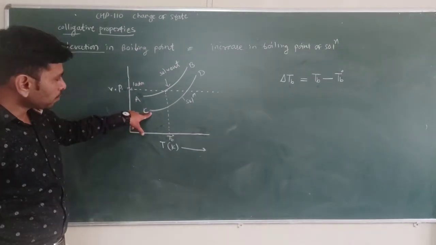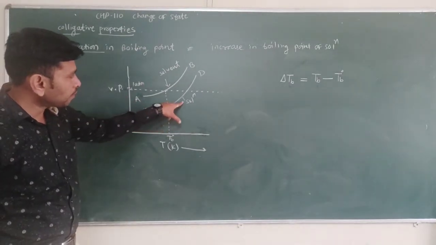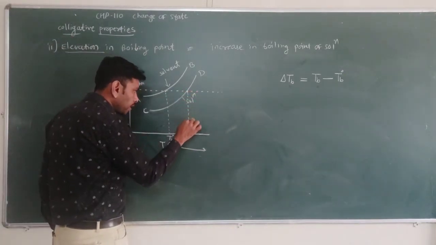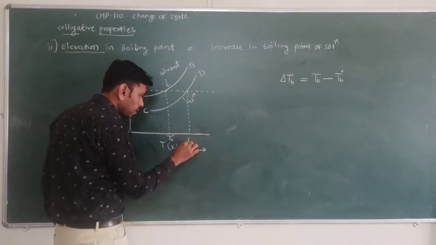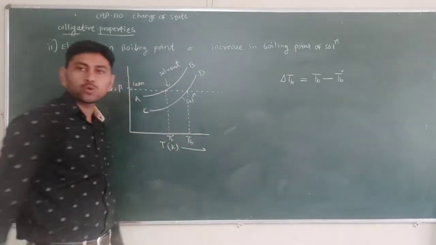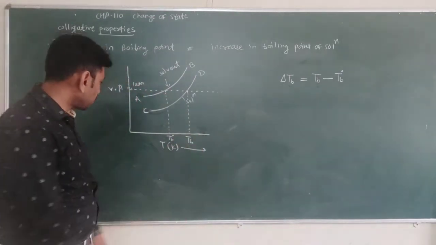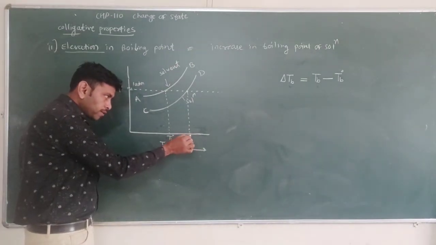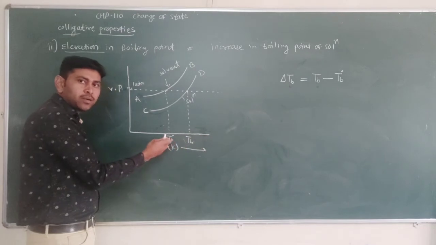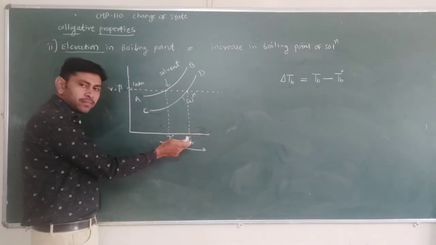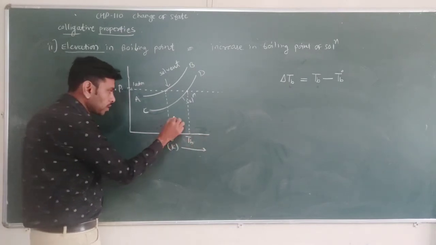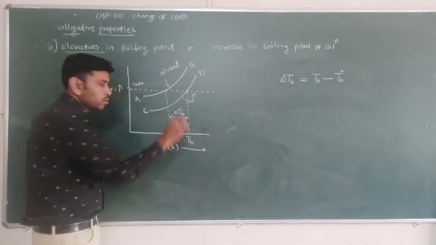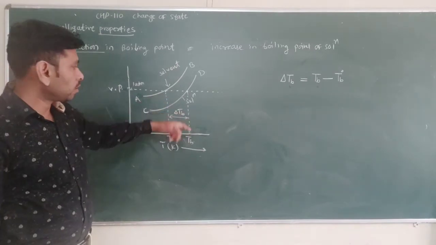Similarly, when the vapor pressure of the solution reaches 1 atmosphere, the temperature at this stage is called the boiling point of the solution. The boiling point TB of the solution is greater than the boiling point of the solvent, and the difference between these two gives rise to boiling point elevation.